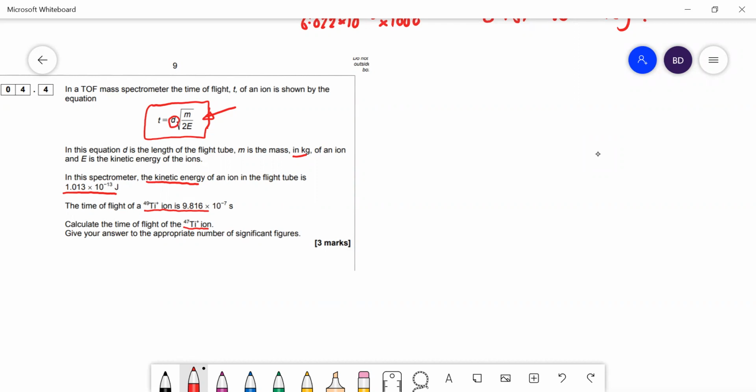Right, so what I'm going to do is, I don't like square roots in equations because it gets confusing. I'm going to square that to get rid of it. So I'm going to write down t squared is equal to d squared mass over 2e. Let's rearrange to get d squared.